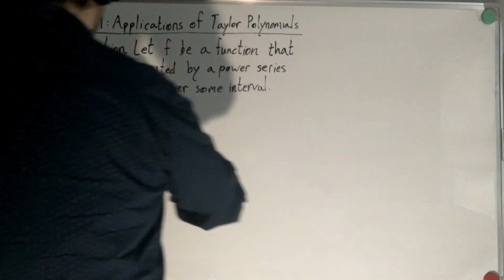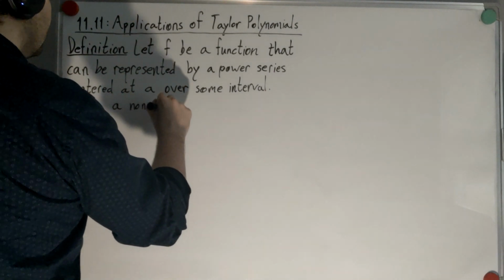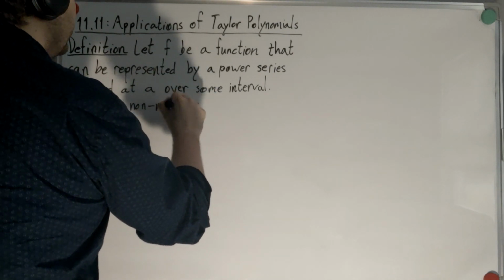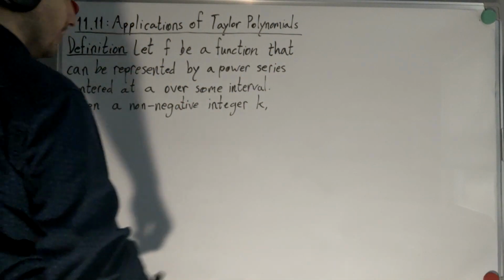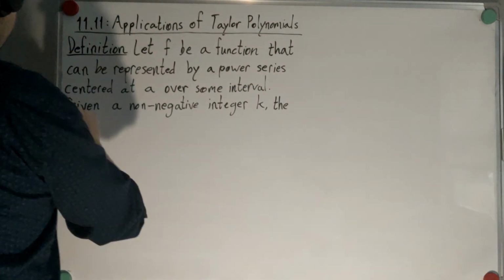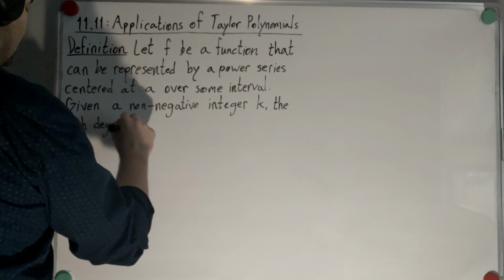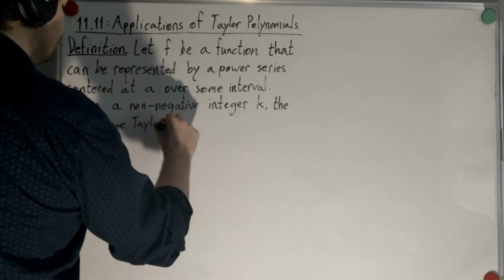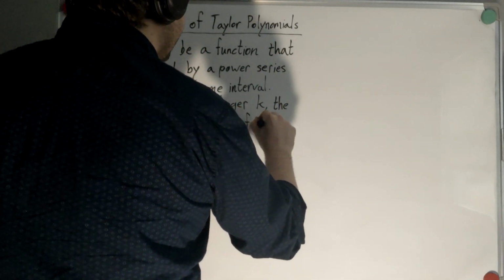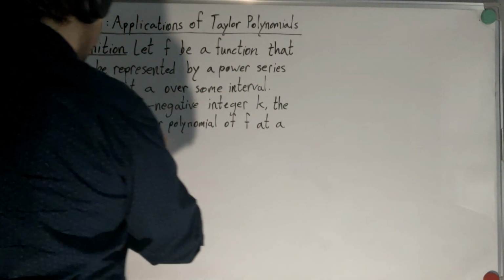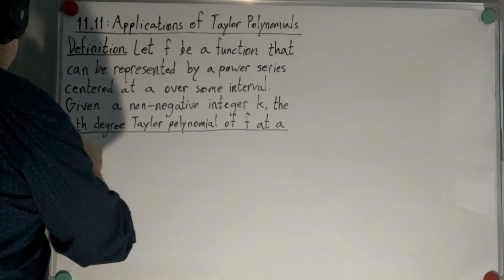Okay. Given a non-negative integer, let's call it k, the kth degree Taylor polynomial of f at a, so long name for a very silly concept, is T_k.